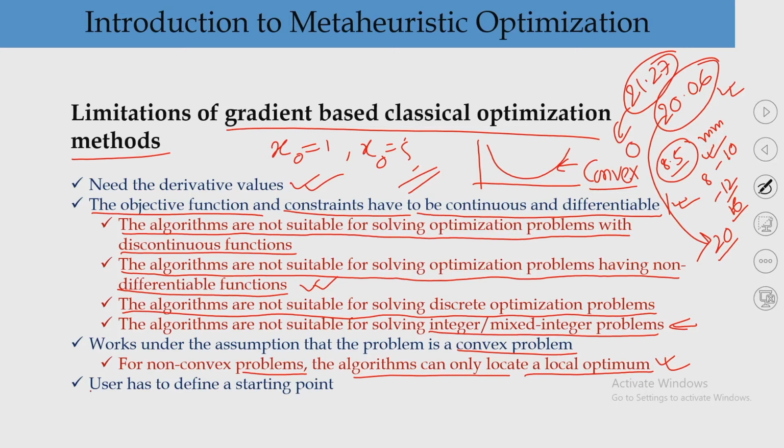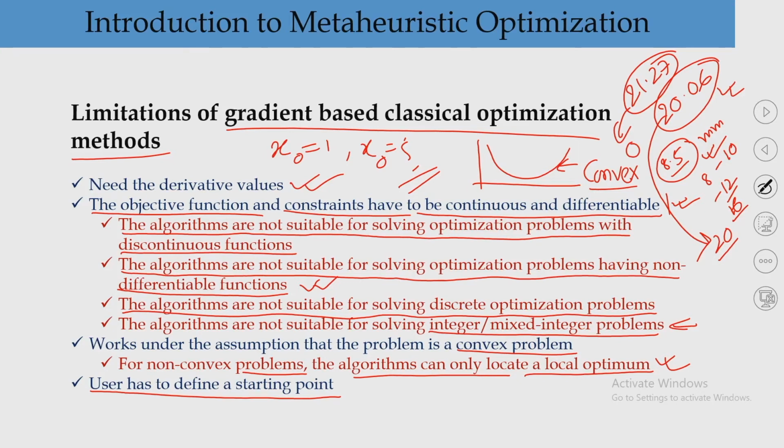Now, the user has to define a starting point. This is another limitation, because in the case of a non-convex problem with more than one optimal solution, if I would like to find the global optimal solution, I really do not know what starting point I should take. But the user has to define a starting point here.